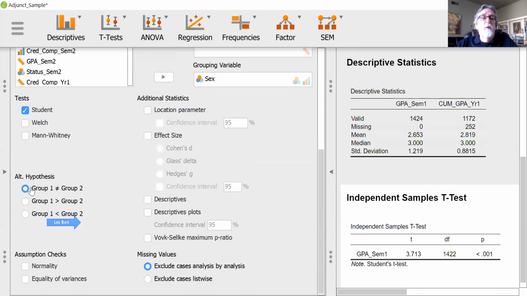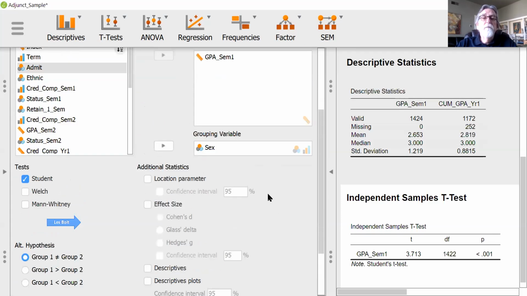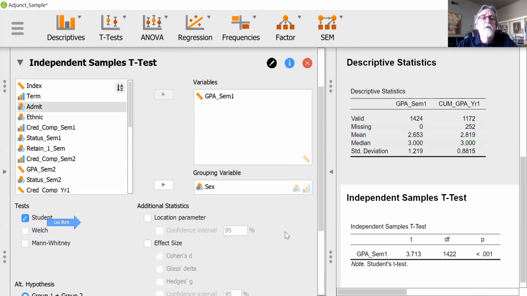We want to know if group 1 is not equal to group 2. That's what we call our alternative hypothesis. We don't need to add anything to this one.